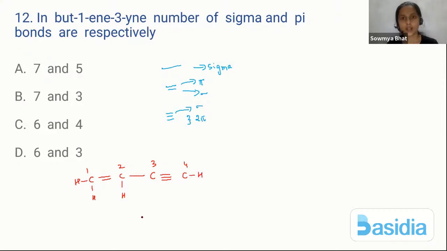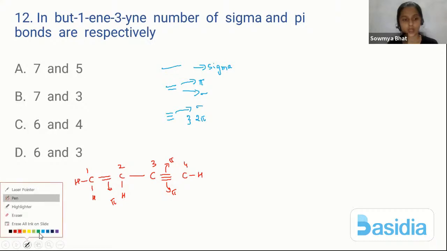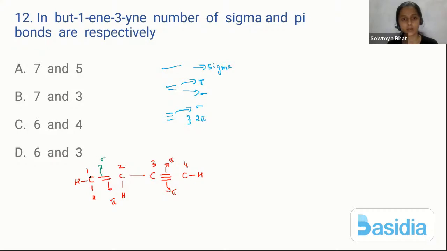So let's calculate the pi bonds first, because pi bond is easier to calculate. So here there is a pi bond, and here there is a pi bond, and here there is a pi bond. So there are 3 pi bonds basically. When there are 3 pi bonds, you can rule out the other answers. So option B and D are remaining. Now calculate the sigma bonds. Single bonds are sigma 1, 2, 3, 4, and the middle one 5 and 6.